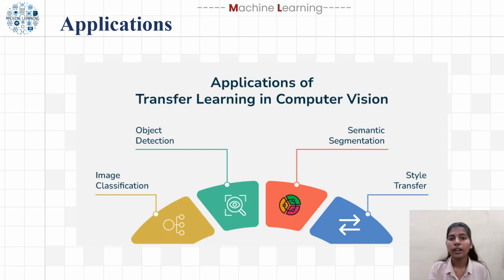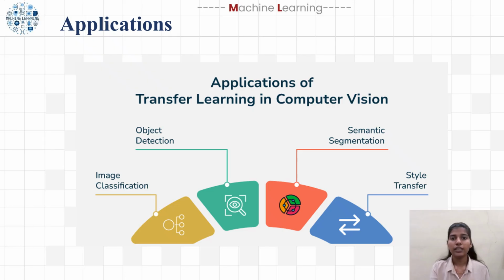Let's look at where this is being used. Transfer learning is crucial in many areas, especially in computer vision. Key applications include image classification, such as identifying what's in the picture. Next is object detection, which involves locating multiple objects in an image.